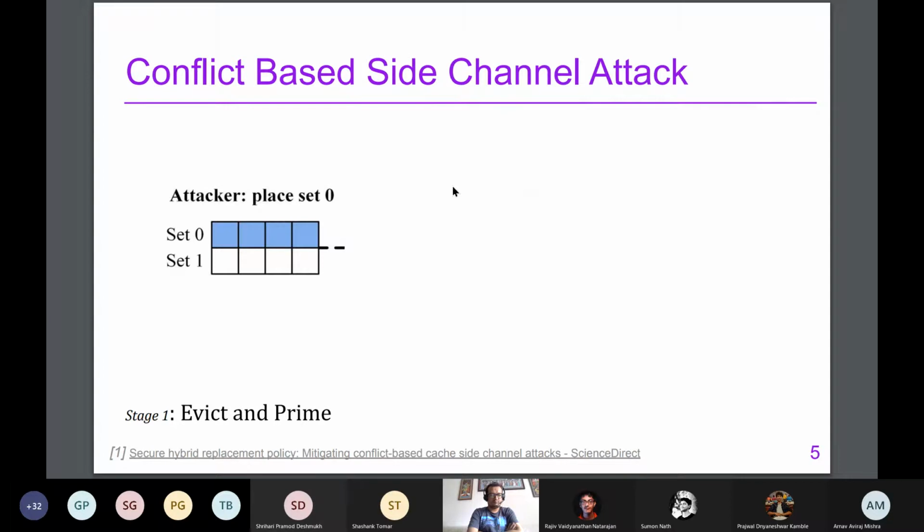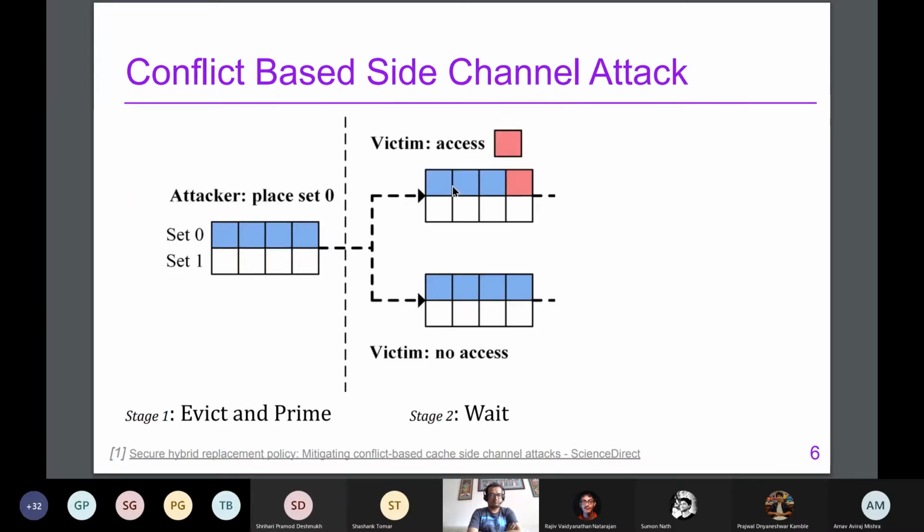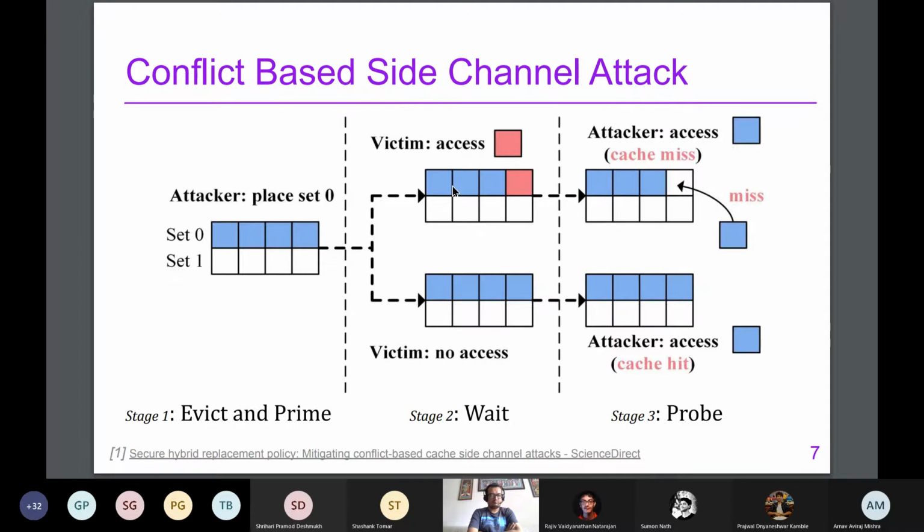Next slide. So this is the basic side channel attack of prime and probe, where we have the eviction set primed beforehand, and then we wait for the victim to access a particular cache block, and then we probe it to see whether the victim has accessed the cache block or not.